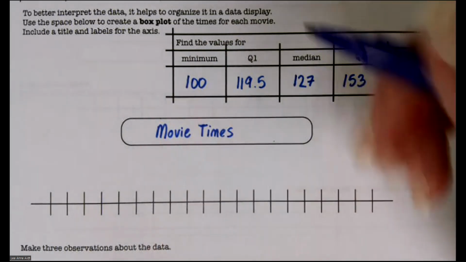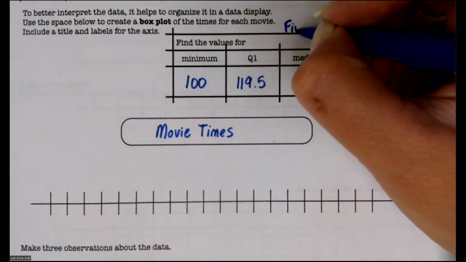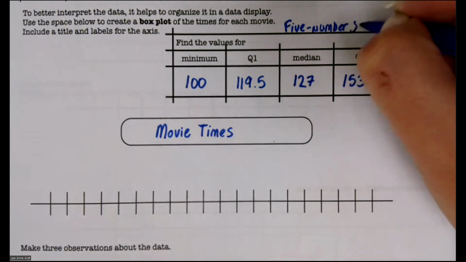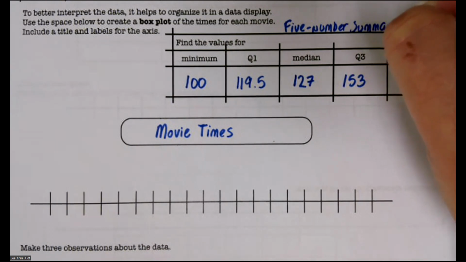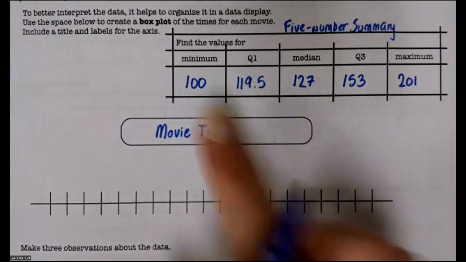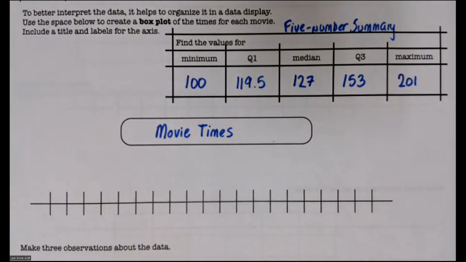This is very important, by the way. It's called the 5-number summary. And later on in chapter 10, I'm going to ask you for the 5-number summary for things, and I'm going to want these 5 things.